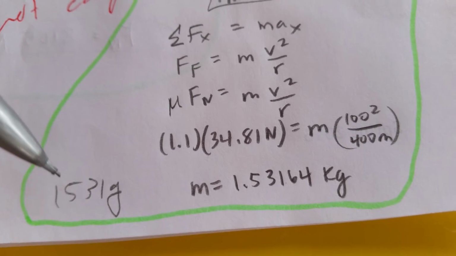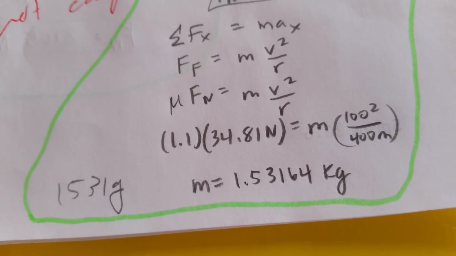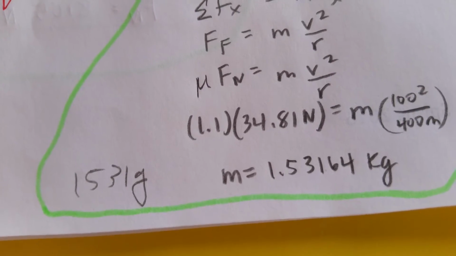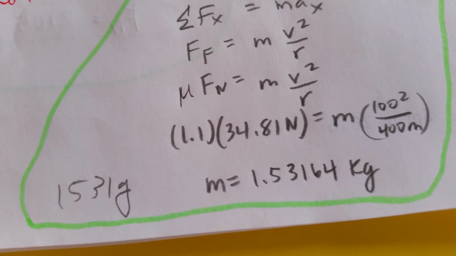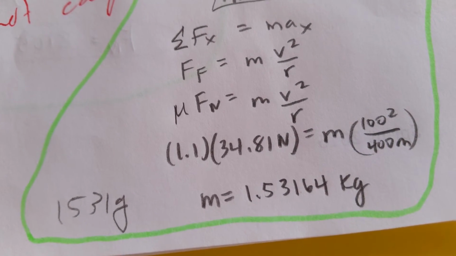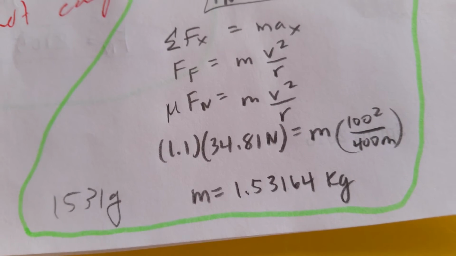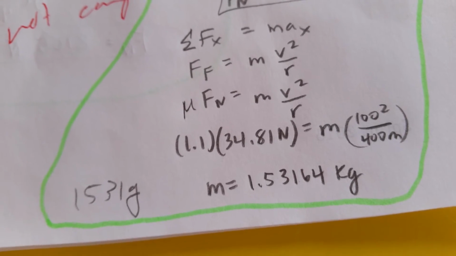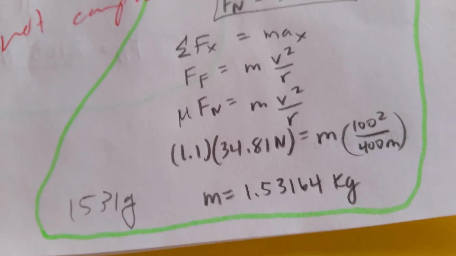And that comes out to be 1,531 grams. And it asks about a race car, and for the mass to come out to be that value is a really small mass for a race car, and that's kind of not believable.